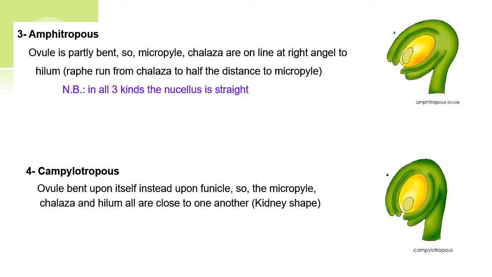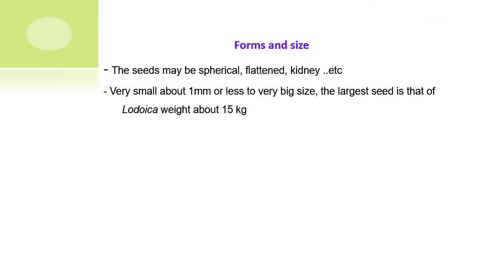So this is enlarged growth of tissue on one side. So the micropyle, chalaza, and hilum will be close to one another as the tissues push each other. The micropyle will be near the hilum, and the chalaza, both near to each other.